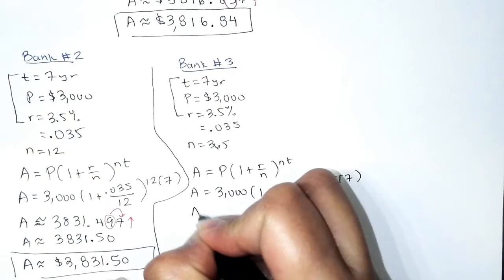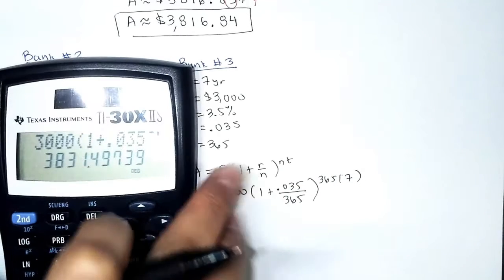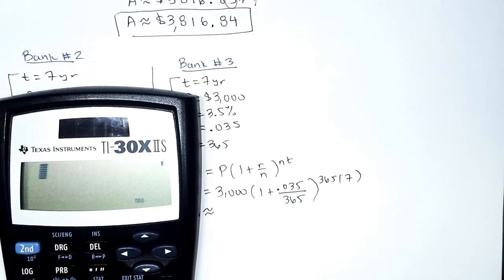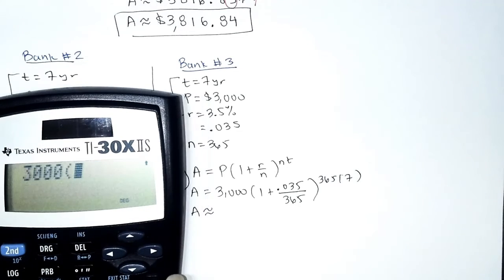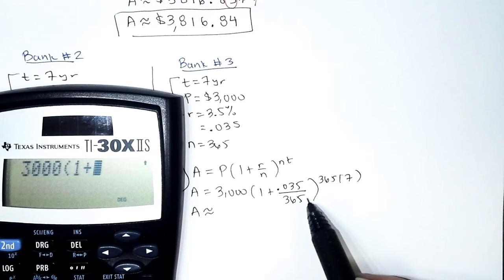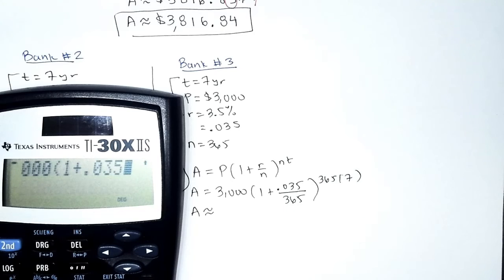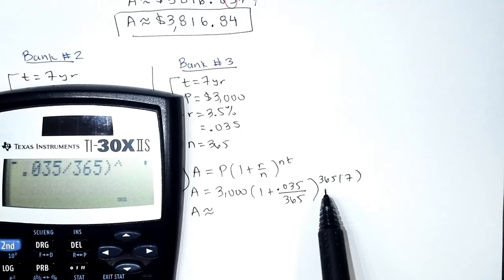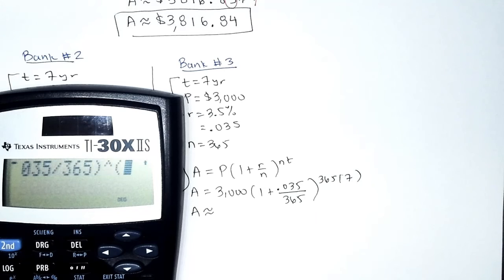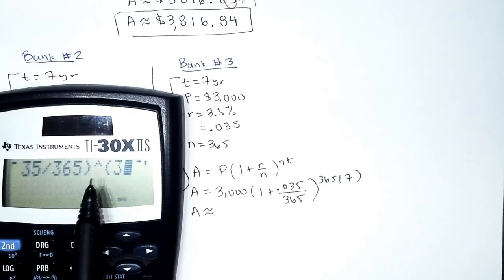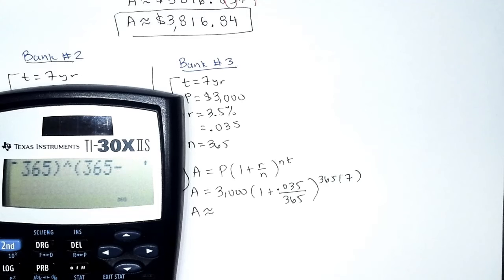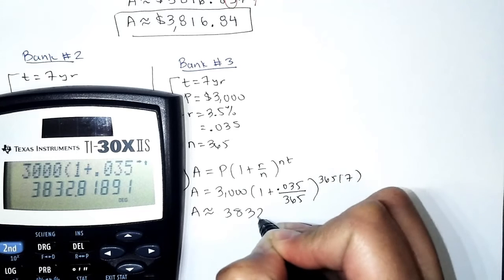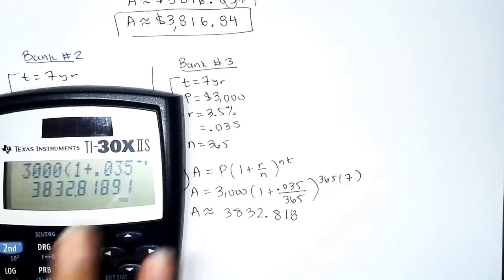So the final amount when the interest is compounded daily is 3,000 times, open parenthesis, 1 plus 0.035 divided by 365, close that grouping symbol, raised to, I have no idea what 365 times 7 is, so we're just going to write it as the multiplication problem: open parenthesis, 365 times 7, close the grouping symbol, hit equals, and we have 3832.81 plus one more to help us round.